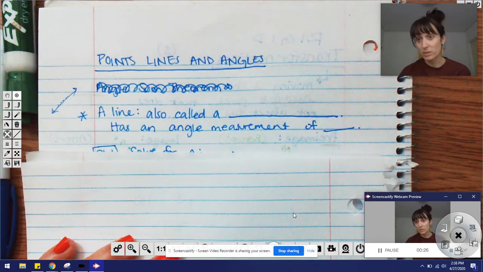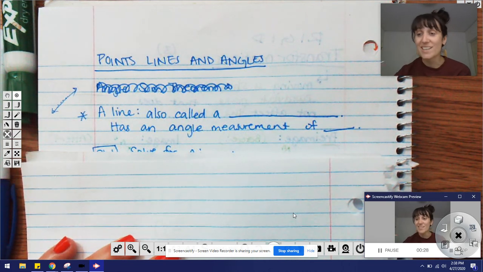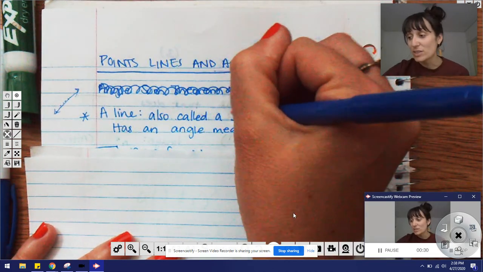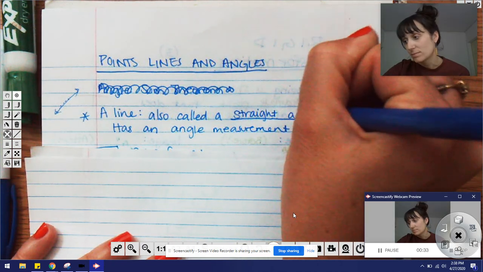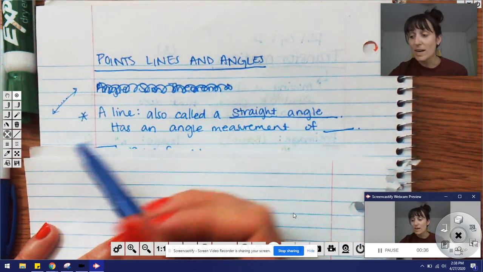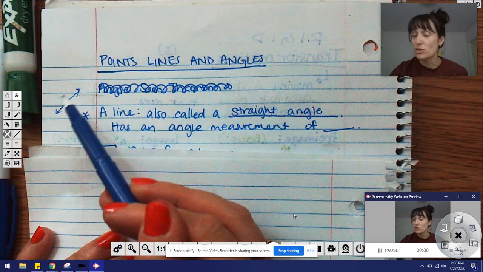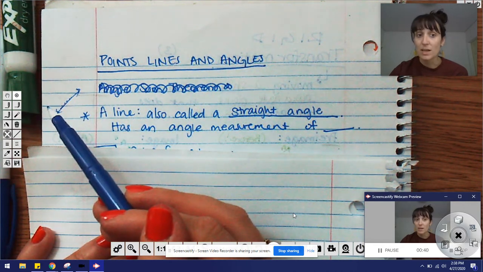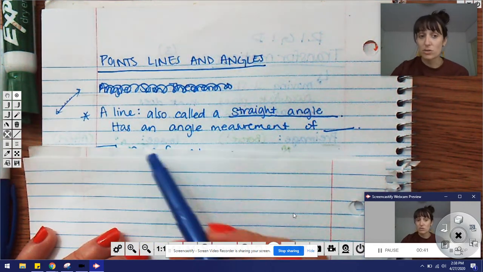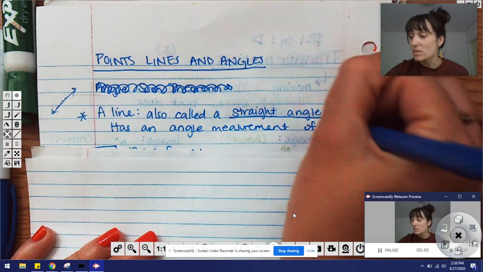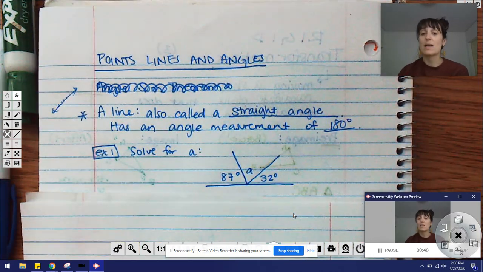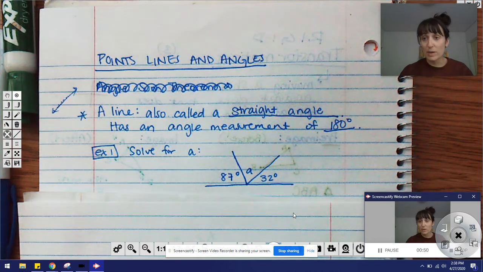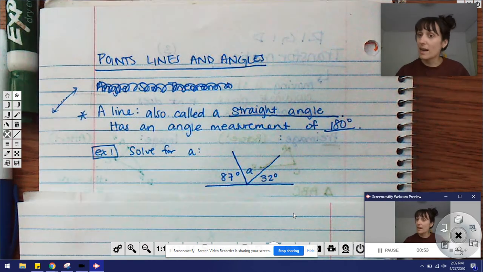But even more importantly than that, a line is actually an angle, and it's called a straight angle. It's a straight angle because there's no bend to it whatsoever. A line, also called a straight angle, has an angle measurement of 180 degrees. Now what this means is that when we are given angles that are put together, we can see if they lie on a line.